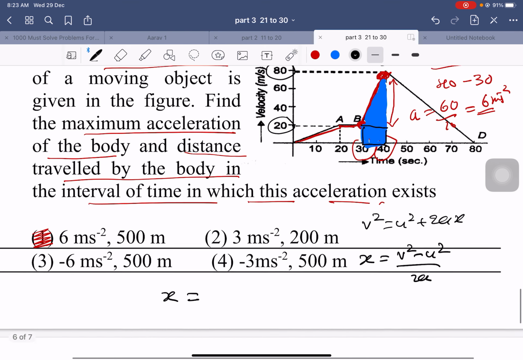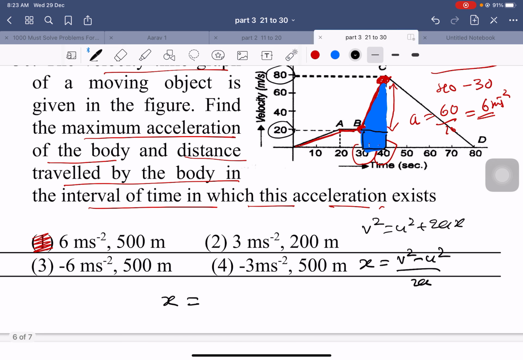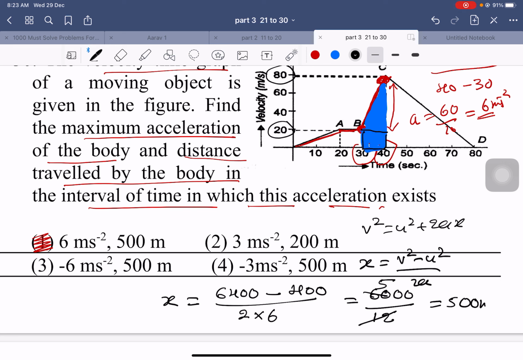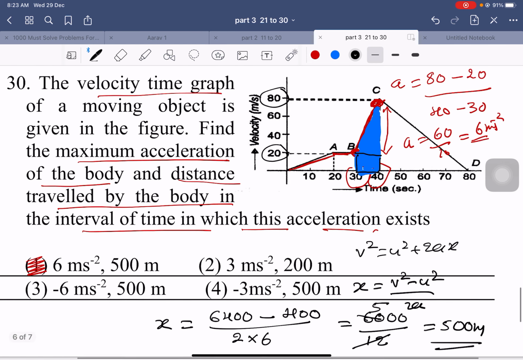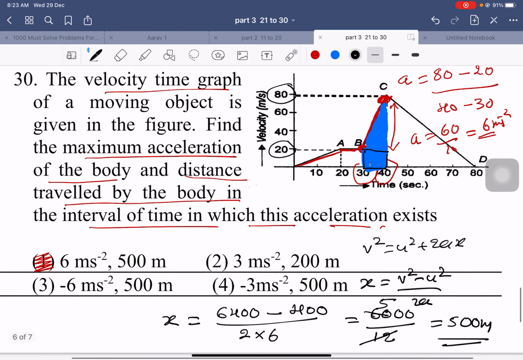V square minus u square means 80 square minus 20 square. 80 square is 6400 minus 20 square is 400, divided by 2 into acceleration 6. So 6400 minus 400 will be 6000 divided by 12. Okay, so we know that 12 goes 500 times, so x is equal to 500 meters. So the distance traveled during the maximum acceleration is 500 meters.